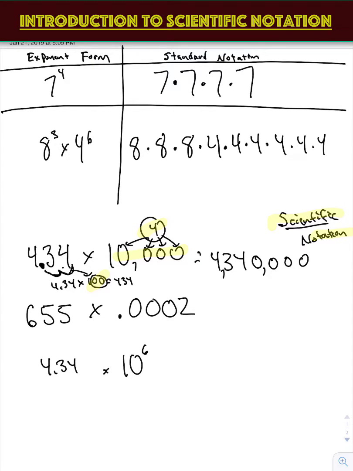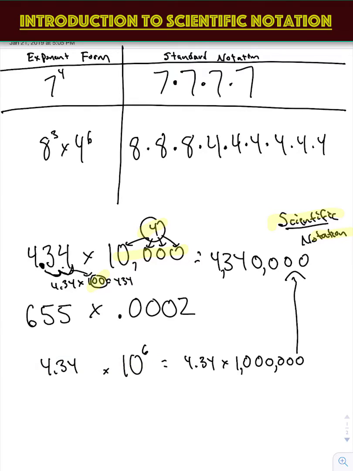There are 6 total zeros. In other words, 4.34 times 1 with 6 zeros afterwards. So 4.34 times a million equals 4,340,000. This is scientific notation.